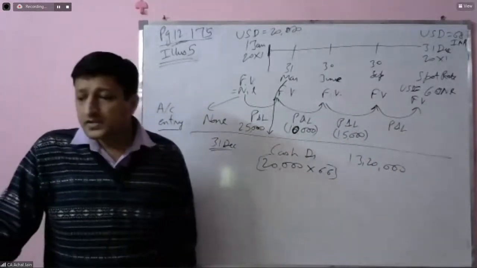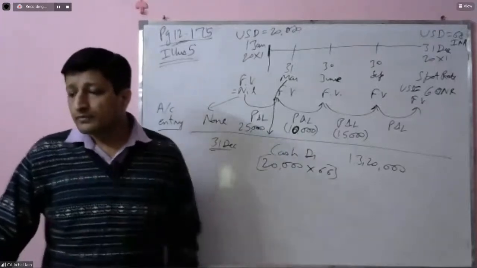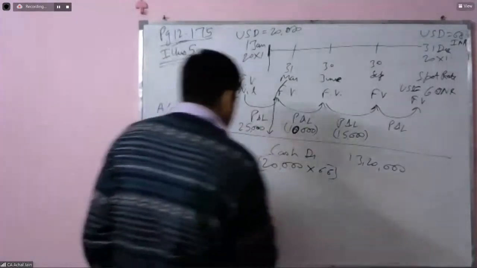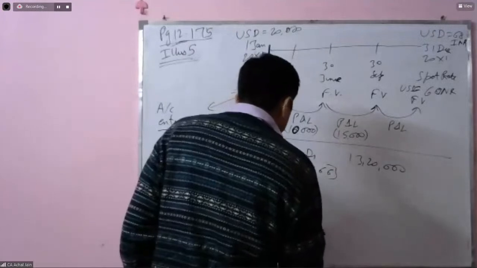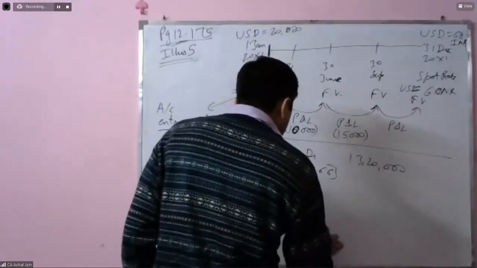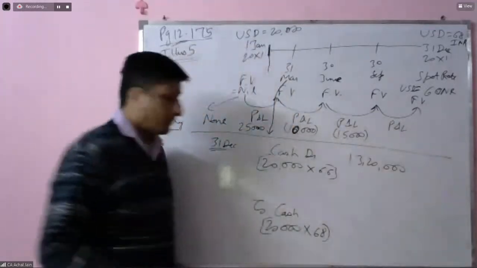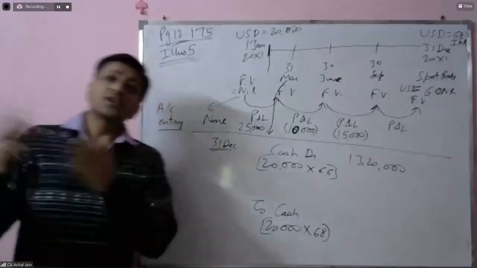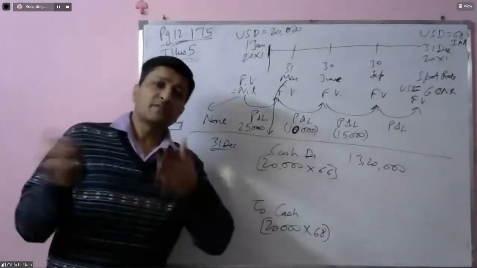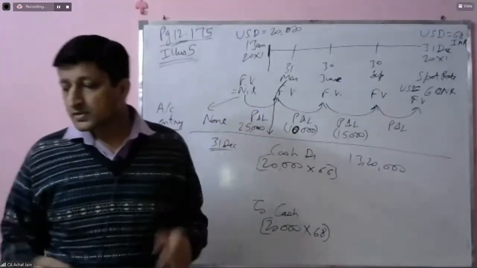And against this, what will happen? USD will go out to cash, 20,000 at the rate 68 will go out, because that's the option available with JT, which has been exercised by them, and that's why SAM company will have to honor this.